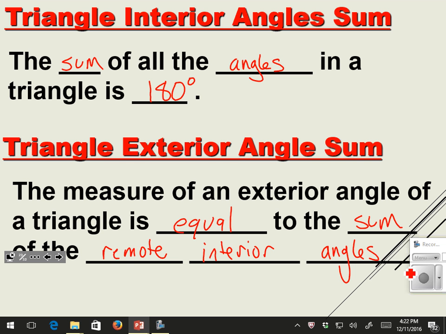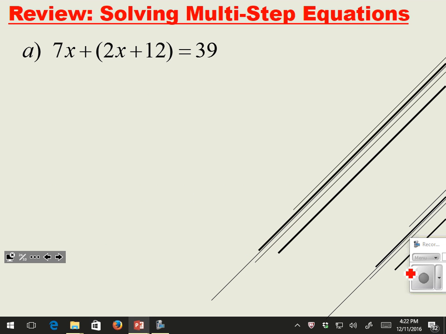Before we go practice more on today's new concepts, let's do a little review. We probably won't do all these problems, but let's try this problem right here. Let's solve for A, B. If you want to fast forward and go to the new concepts, go ahead and go to number 7. For letter A, let's review. If I want to find what x is equal to, I'm going to simplify.